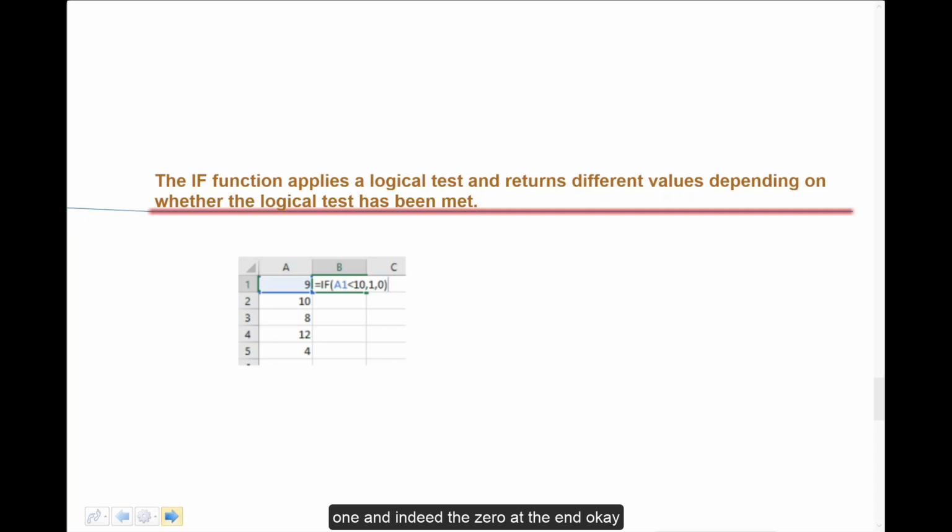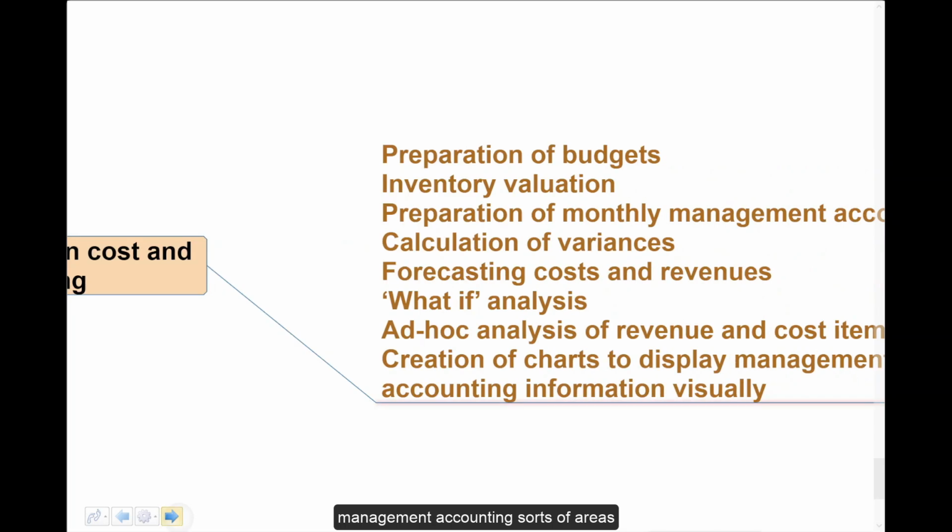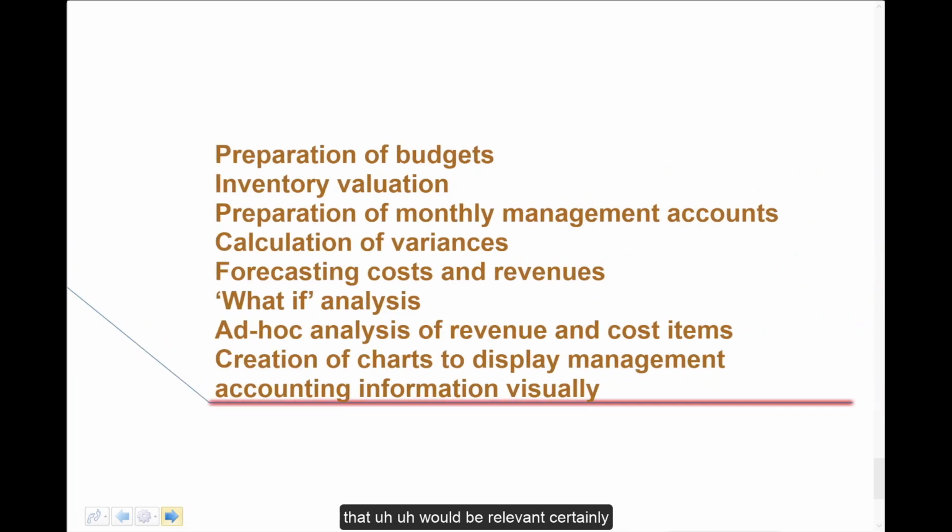Okay? So really, in summary, we are familiar with the broad use of spreadsheets, and they're particularly useful in accounting and management accounting areas that would be relevant: budgets, inventory for sure, possibly the preparation of management accounts, although I would have thought that integrated computerized accounting systems would be more suitable.